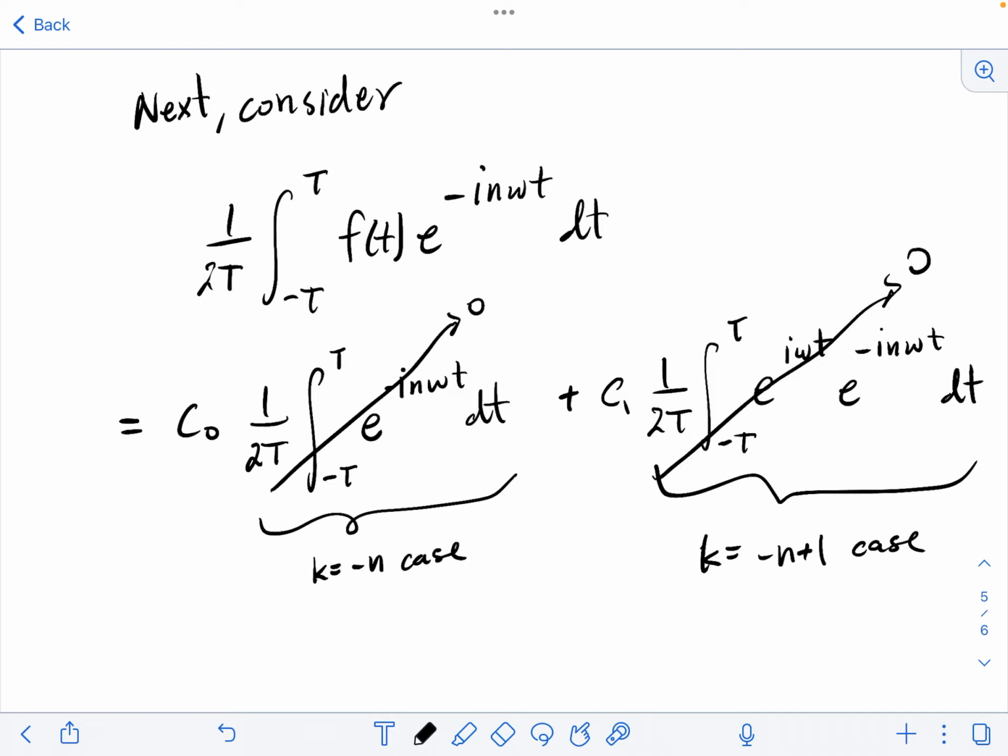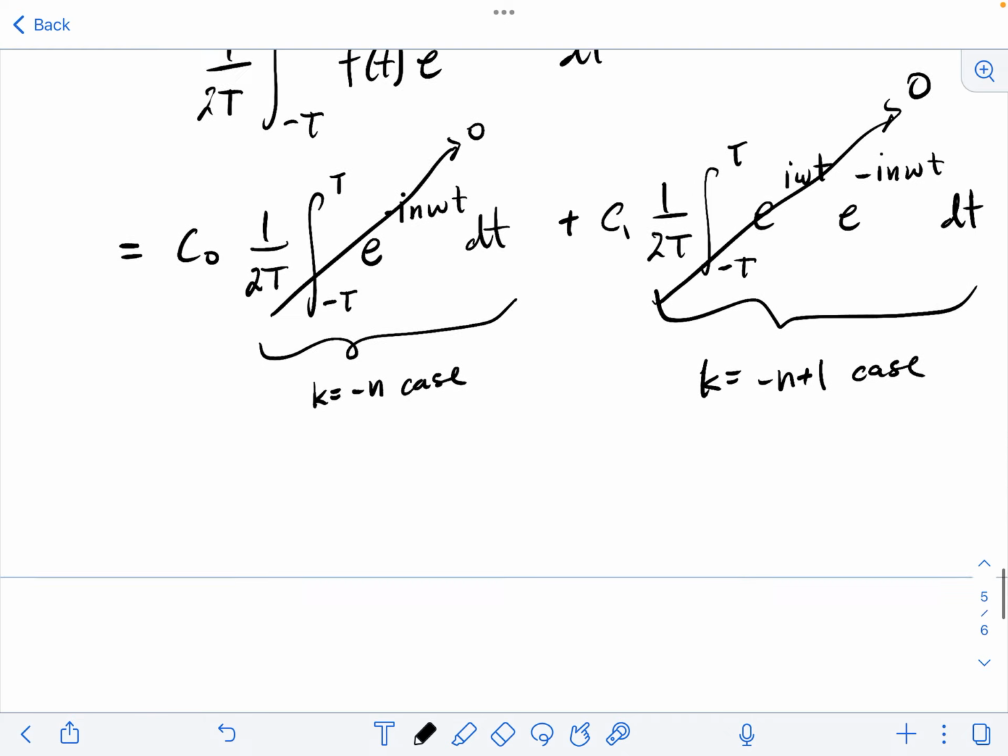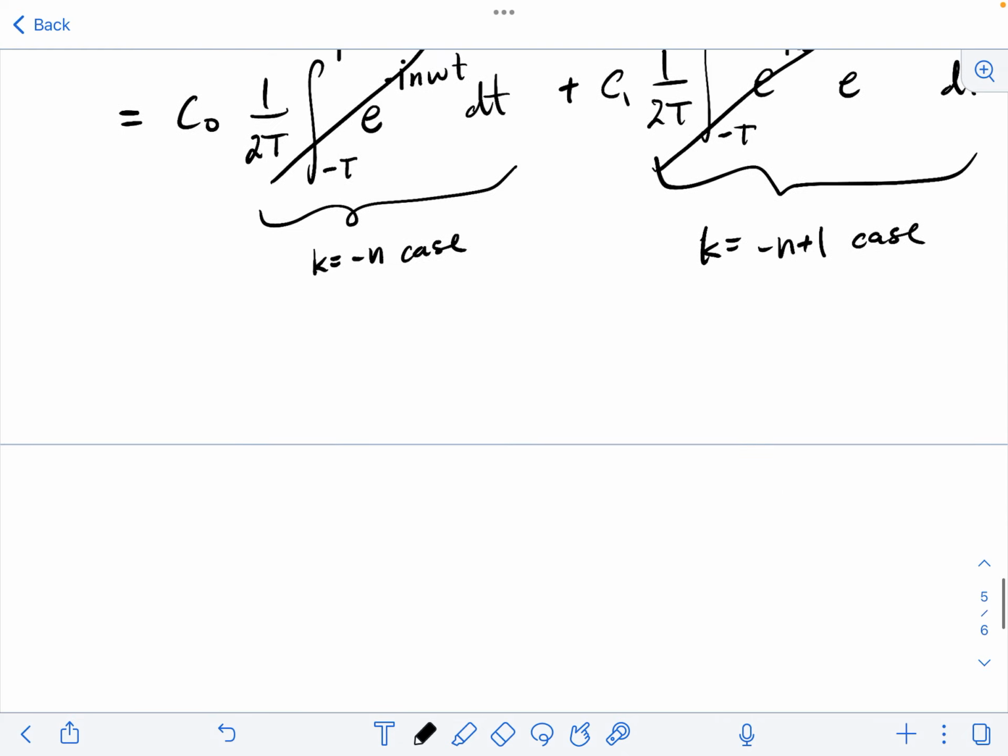We'll do a couple more. So there's the c minus 1 term, 1 over 2T, integral from minus T to T, e to the minus i omega t, and then multiply by e to the minus i n omega t, integral with respect to t.